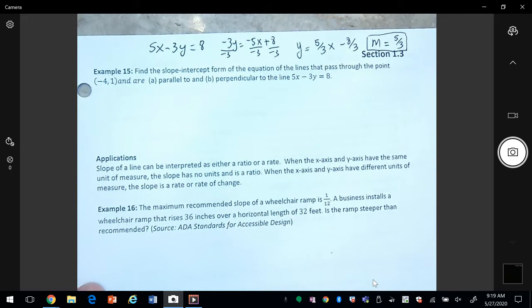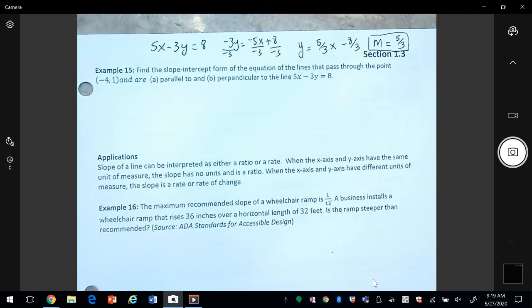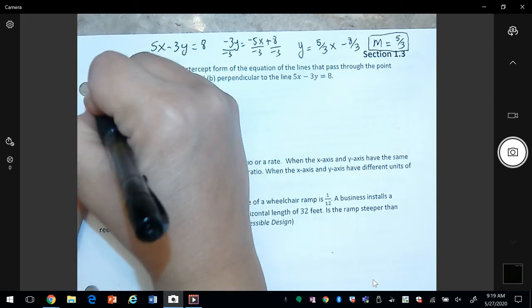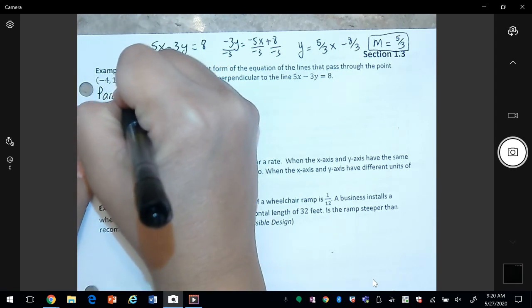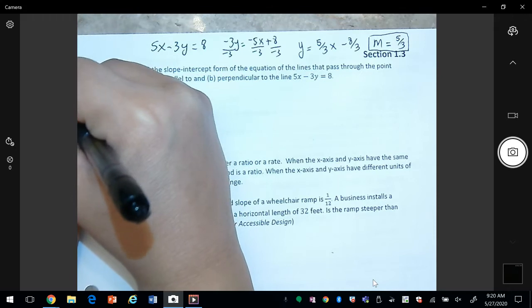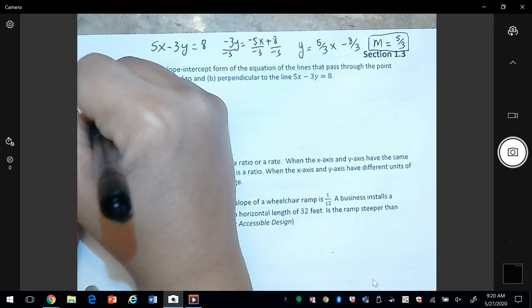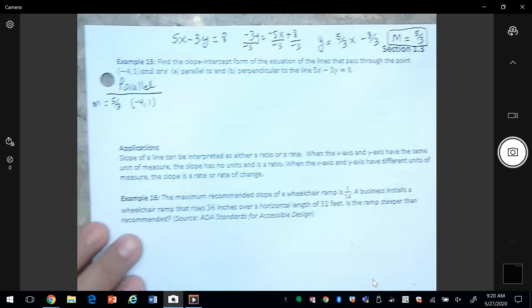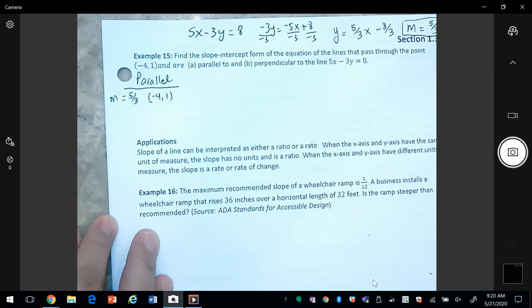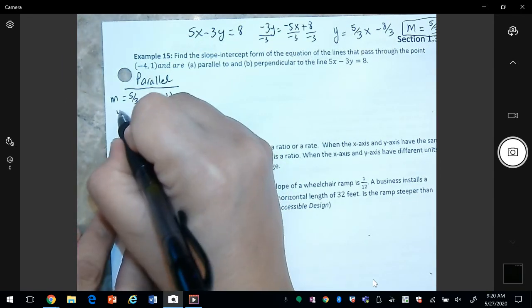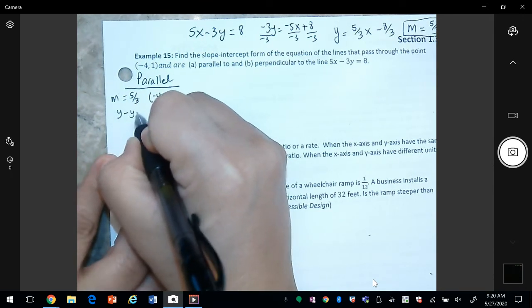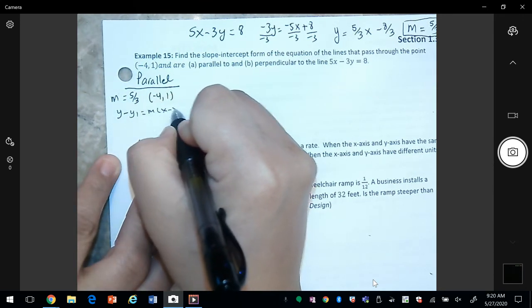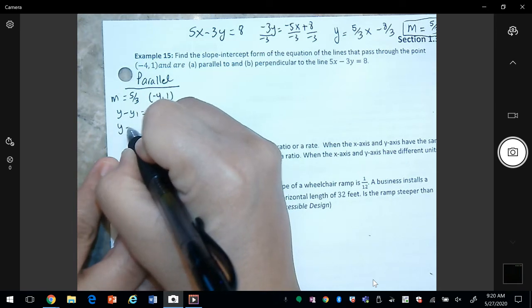Once we have the slope, which is 5/3, then we can proceed. So let's work with the parallel first. So the slope is 5/3, and the point that they gave us is (-4, 1). So this just becomes like the other problems. y minus y1 equals m times x minus x1. y1 is 1.